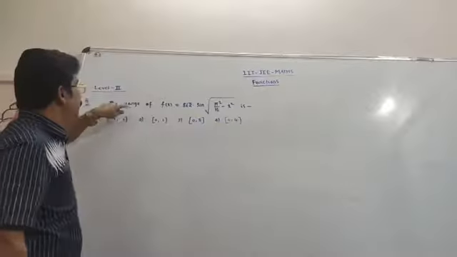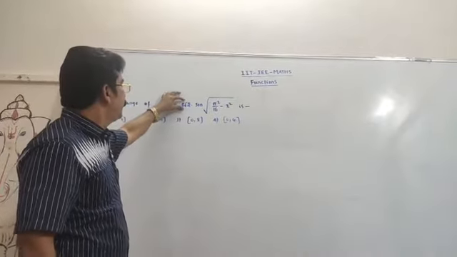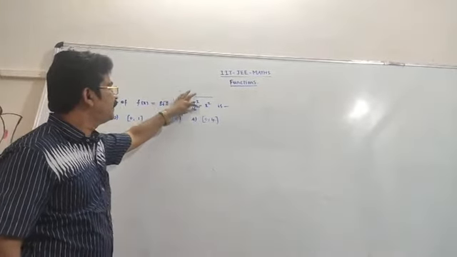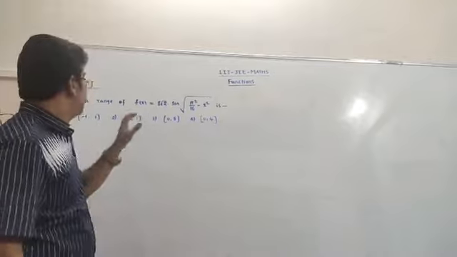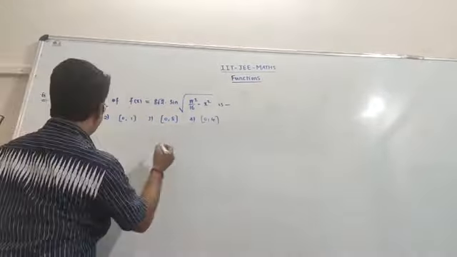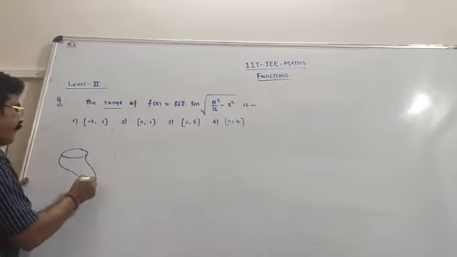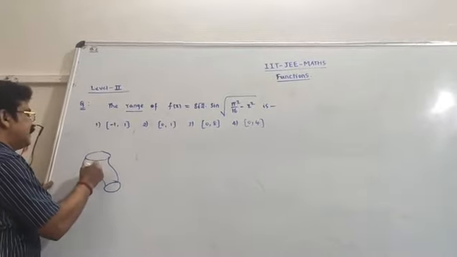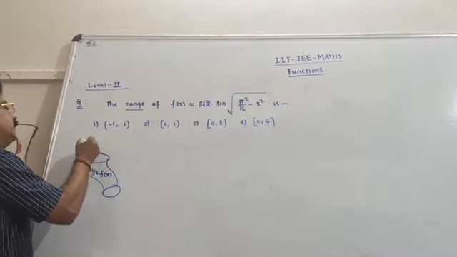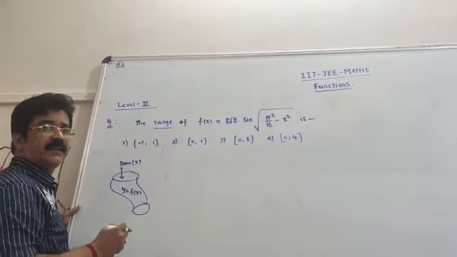Next, the range of the function f of x equal to 8 root 2 into sine of square root of pi square by 16 minus x square. This is the question about the range. Suppose y equal to f of x. Domain means the set of values of x so that the given function is defined.